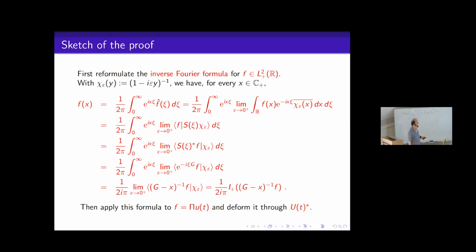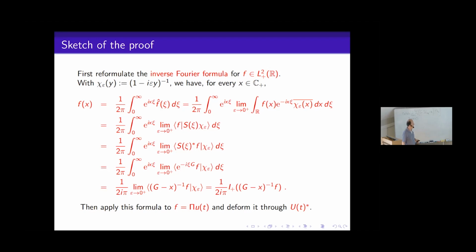And then I recognize that this is an inner product, the inner product of f with what? With S of xi, the Lax-Beurling operator, acting on chi epsilon. Again, S of xi is just e to the i x xi. And then I put this S of xi on the other side, S of xi star. I interchange the inner product in x and the integral in xi.